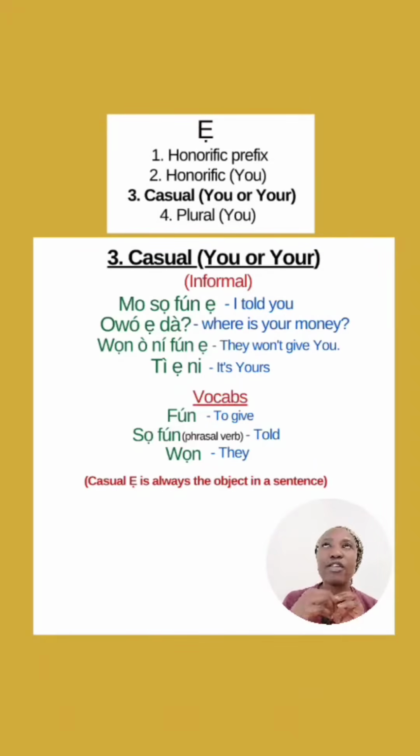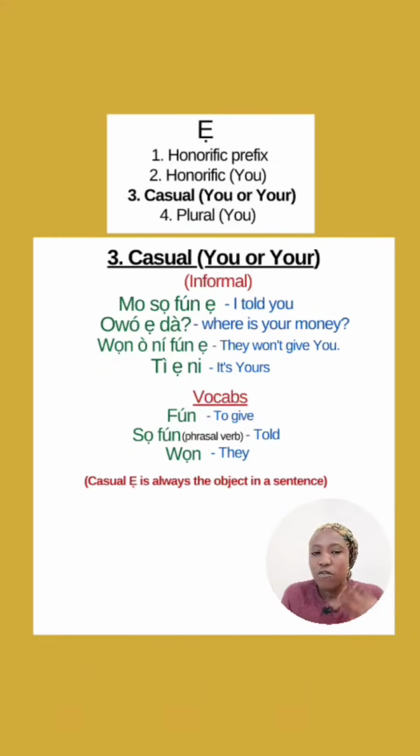So, in Yoruba, there is a lot of the use of a phrasal verb. You're welcome. So, phrasal verb in Yoruba is just slightly different from the way phrasal verbs are used in English. So sọ means to say, and fún means to give. But when these two verbs are used together, it gives you a different meaning, which is often like in the past.